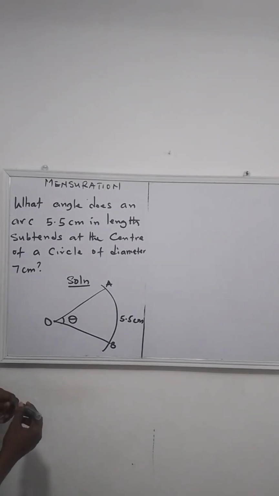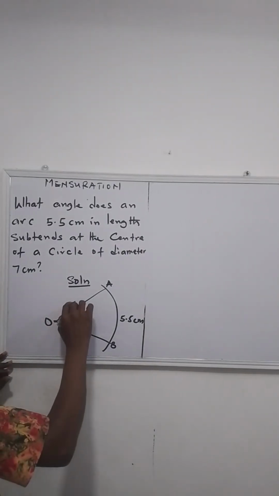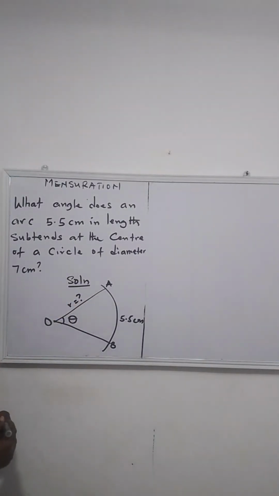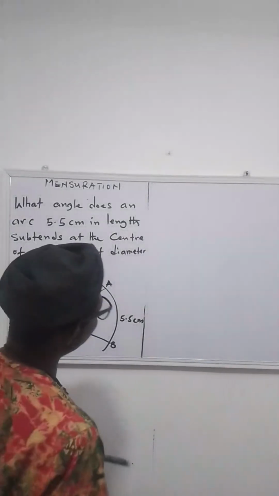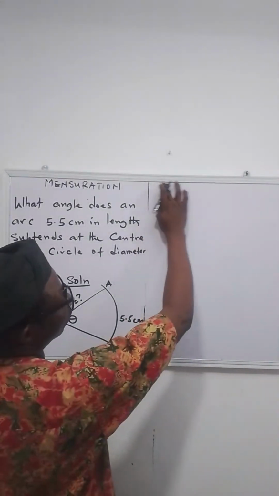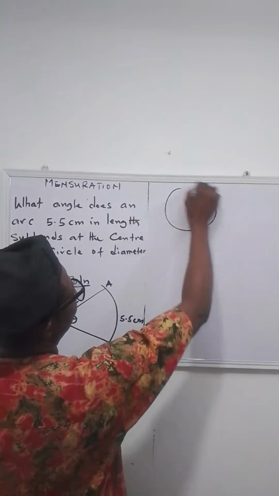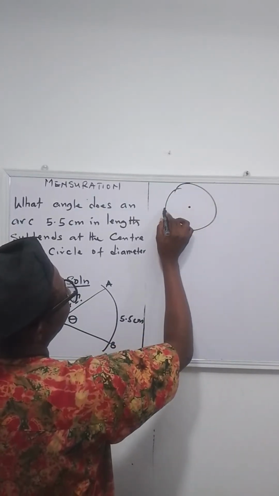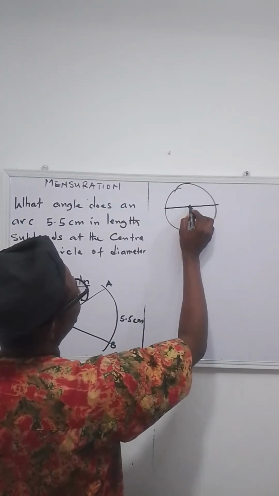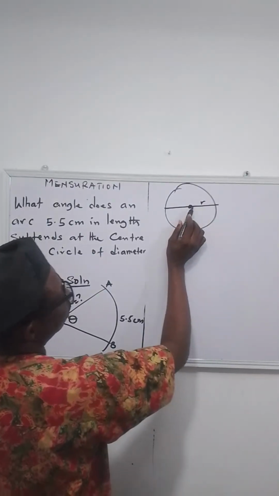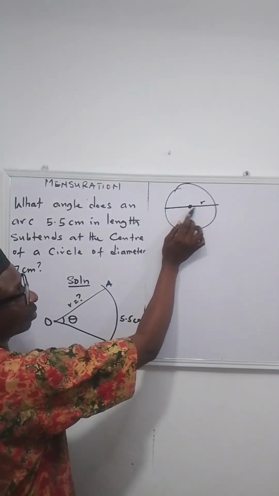We are not given the radius, so we need to get the radius. Radius is half of a diameter. If you have a circle of this form and we have a diameter like this, this is the radius, the line from the center of the circle to the circumference.